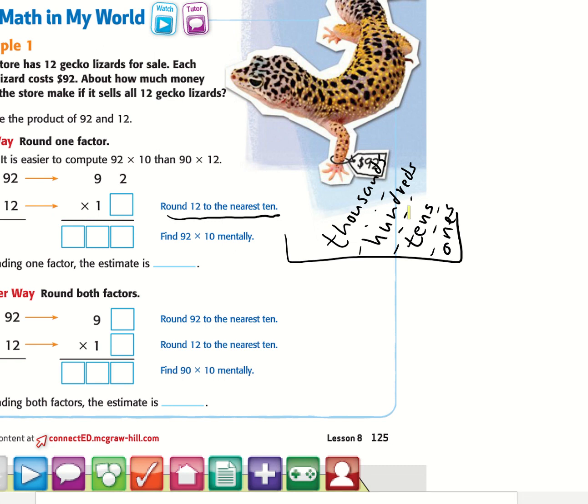So it says round it to the nearest ten. So we're going to look at the tens place, and this is the digit that's going to stay, and after this digit, everything else is going to be 0. So rounding to the tens, and everything behind it will be zeros.